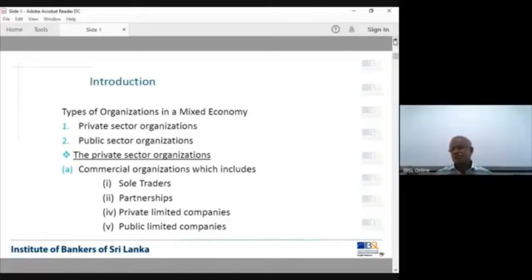Even near your home, you have some village boutiques. In the town, you have boutiques, restaurants, small shops. Sole trader, one person runs the business. Partnerships, as I said, people pool their funds and run the business. Private limited and public limited companies. These come under commercial organizations. We'll discuss the differences between these.